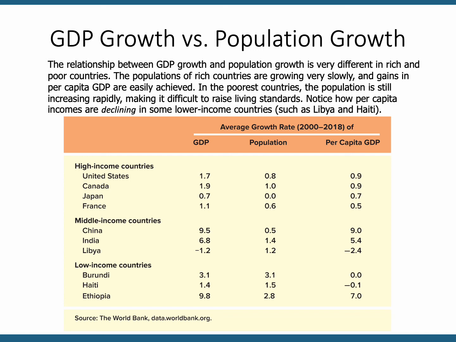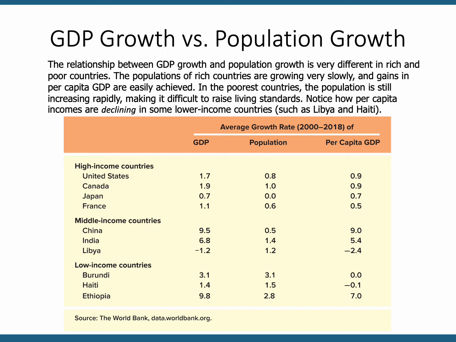But even with that big recession, GDP increased in the US on average 1.7% per year. And our population grew on average 0.8%, so a little less than 1%. So you can see how the math works. 1.7 minus 0.8 equals 0.9. So that means our GDP per capita increased by about 0.9, a little under 1% per year.